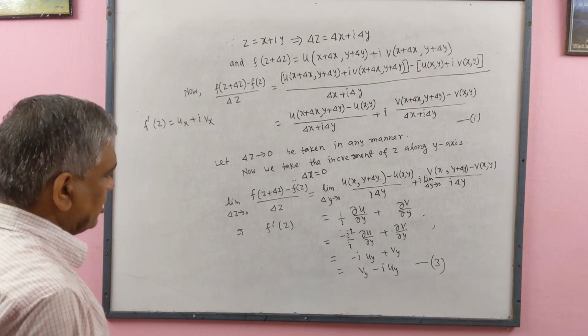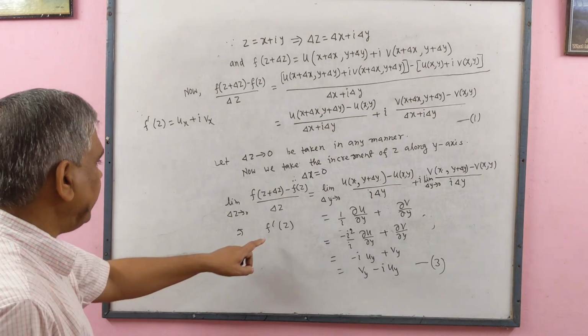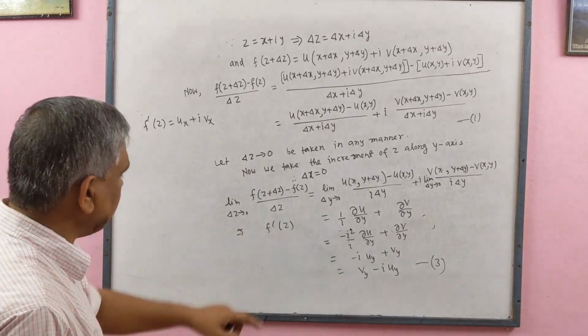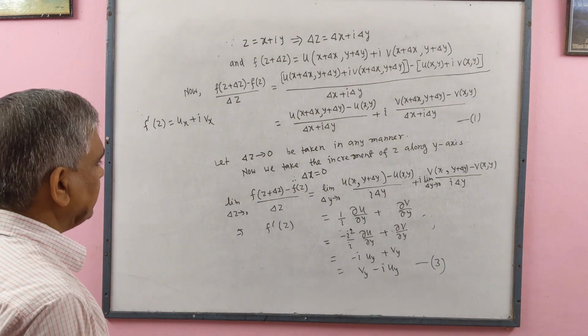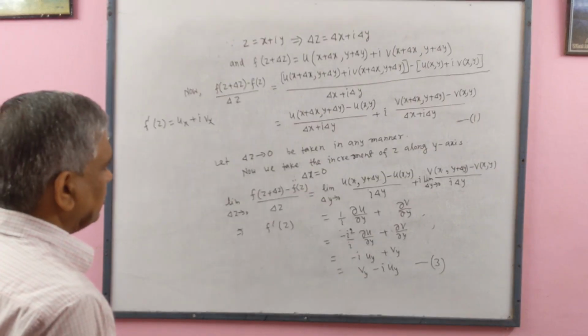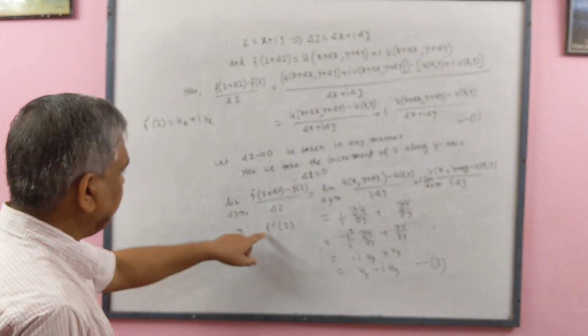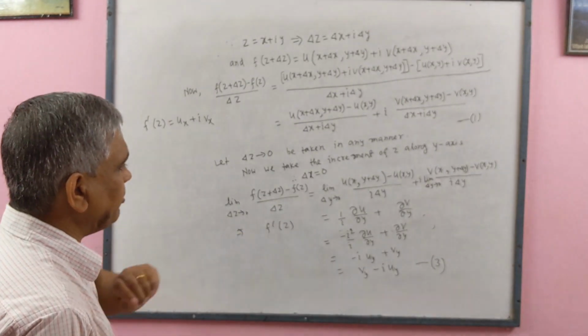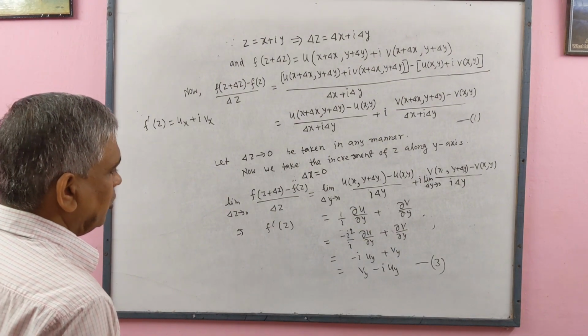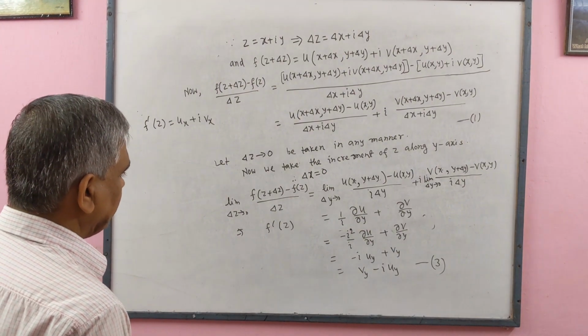So since f dash z gives unique limit, that is the limiting value of f dash z will be same. So right side of equation 2 and 3 be same.